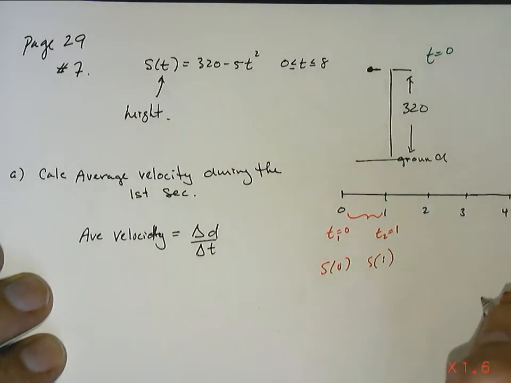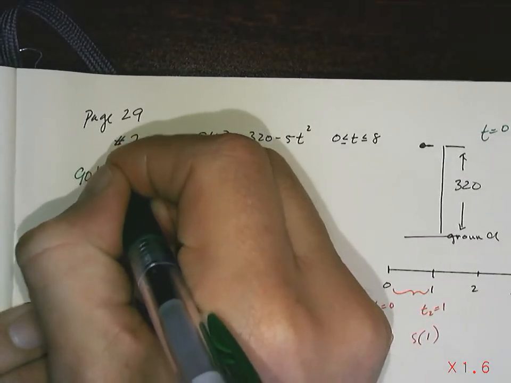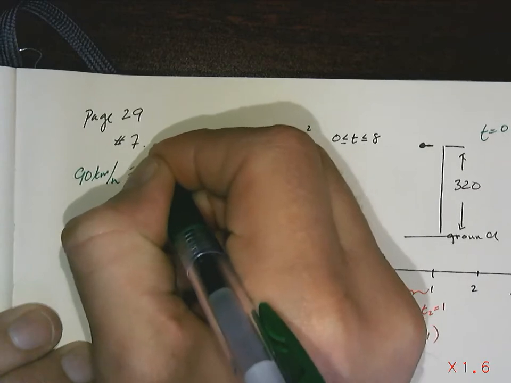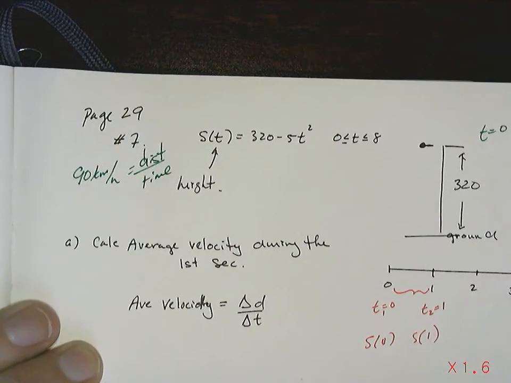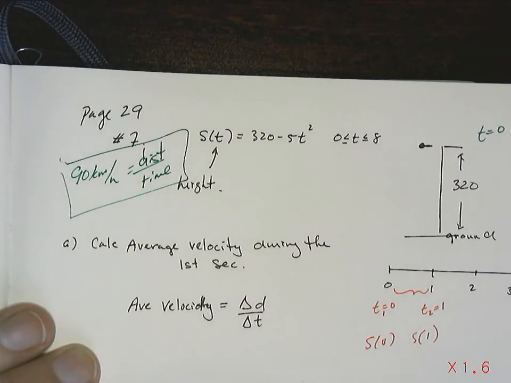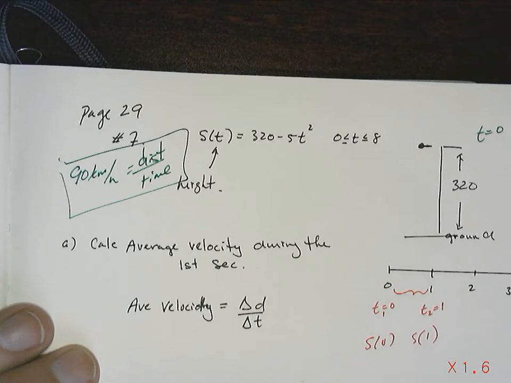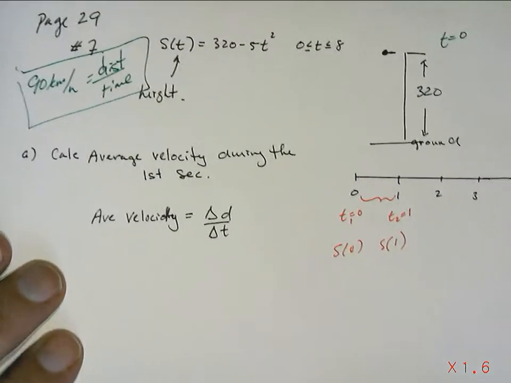Well, 90 kilometers per hour is a distance divided by time. So even if you haven't taken any physics at all, we all should know that speed is distance divided by time, and velocity is just a speed with a direction associated with it. So these are things that we should become familiar with.